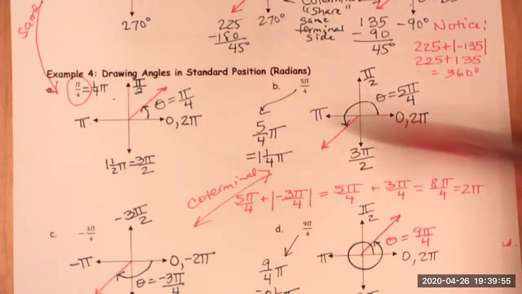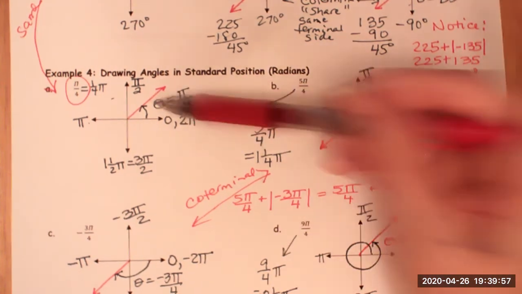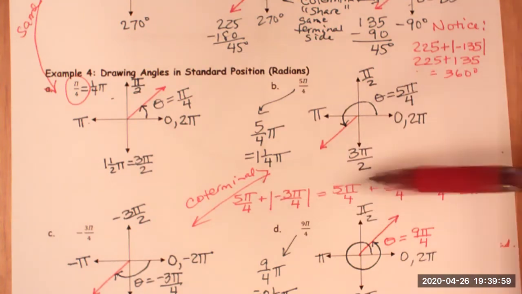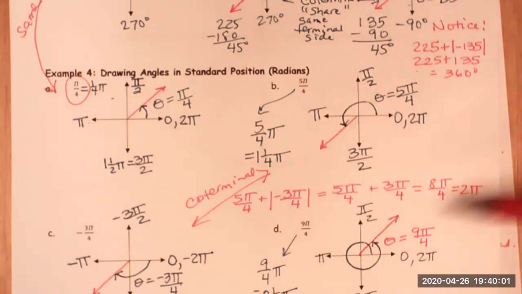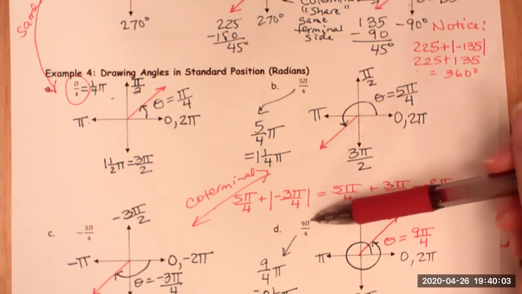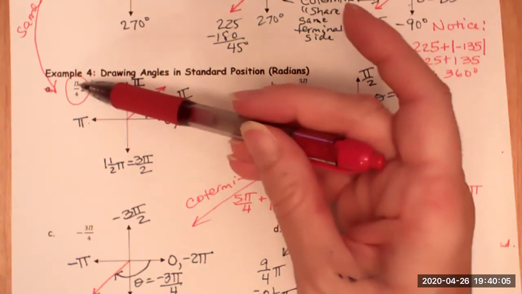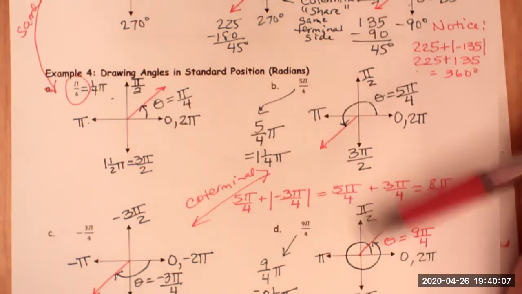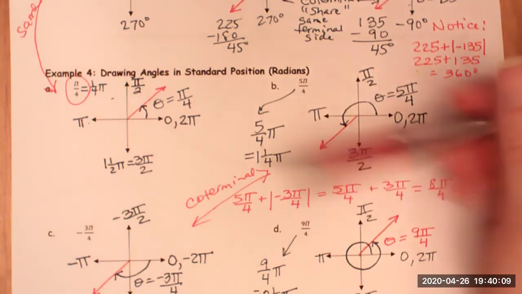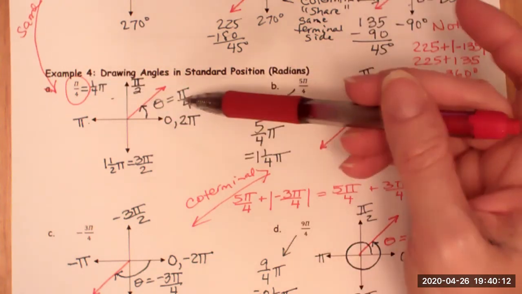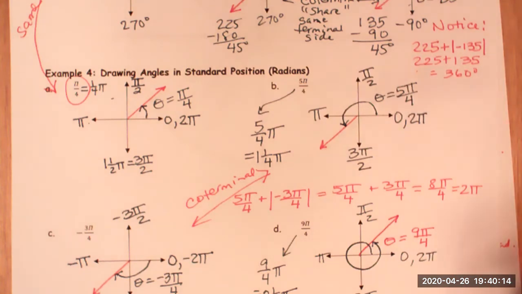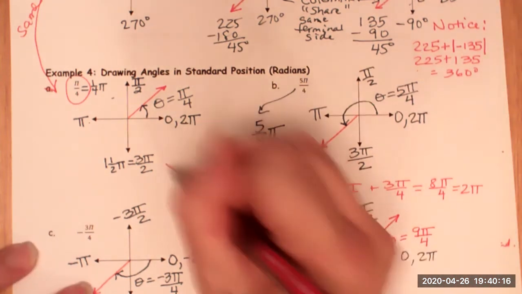Now they're both positive here, so I'm not going to add and get 2 pi. If I add 9 pi over 4 and pi over 4, I'm not going to get 8 pi over 4. But if I subtract 9 pi over 4 minus pi over 4, I'd get 8 pi over 4, 2 pi. So these two angles are coterminal angles.